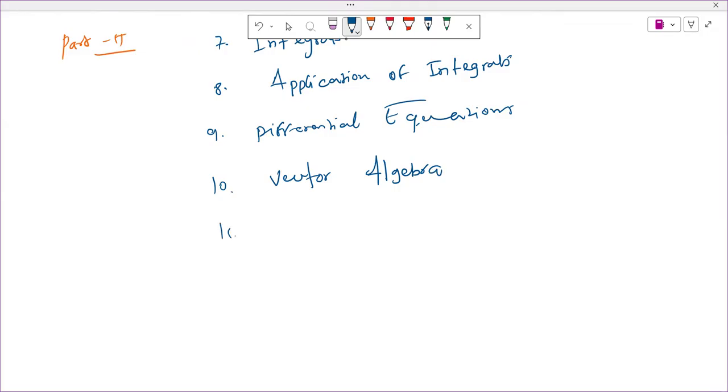11 is what? 11 is 3D geometry, right? 12 is linear programming.